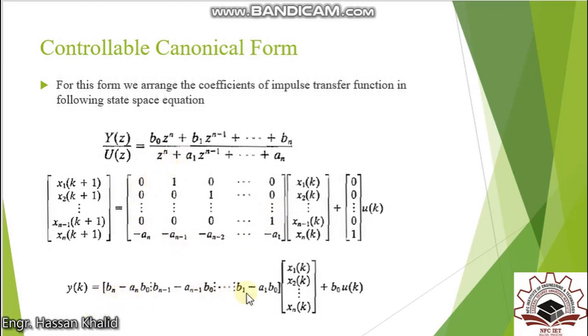Similarly these coefficients will be arranged according to the order defined by the characteristic equation. The rest of this arrangement is the same as the conventional method. This is the D vector, which is b0 multiplied by u of k. If there is a feed forward path, then it will be considered. If there is no feed forward, then it will be assumed as 0.